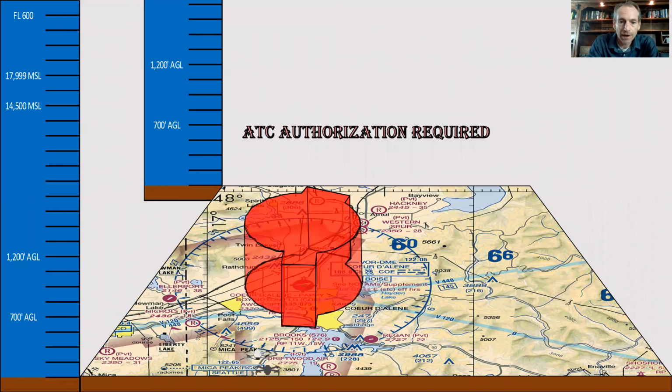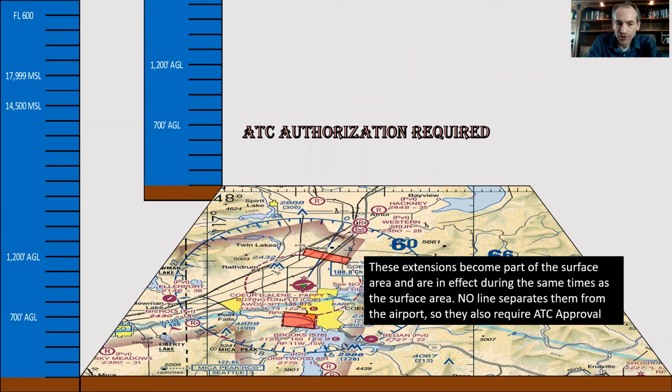So this entire area around the airport requires ATC approval. And so we have those two extension areas outside the airport, but there's no line segregating that airspace. So those two extension areas also require ATC approval.